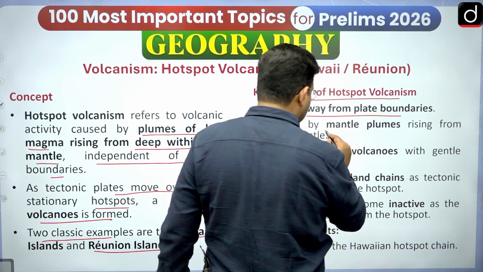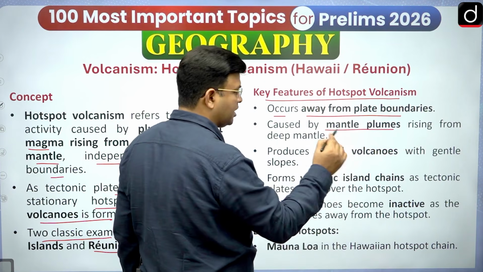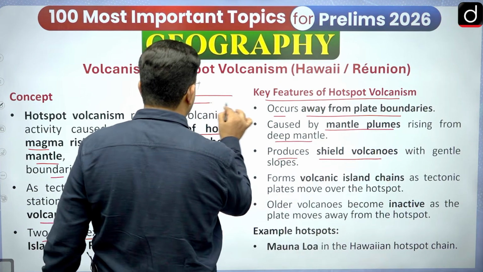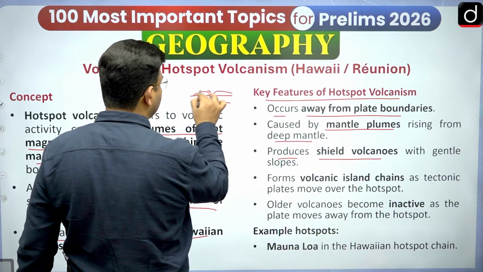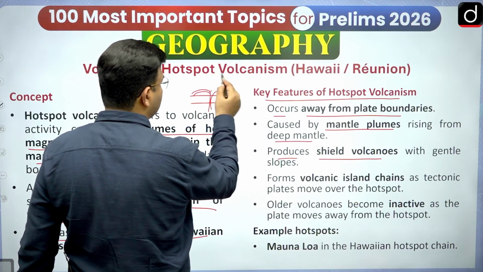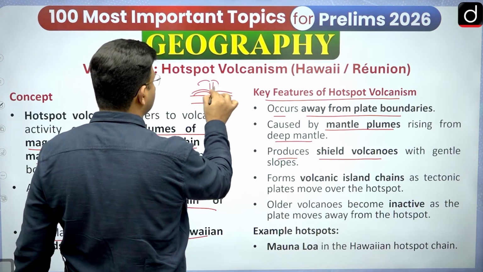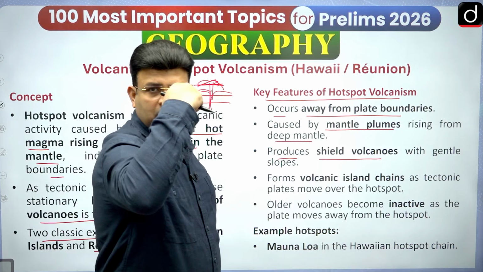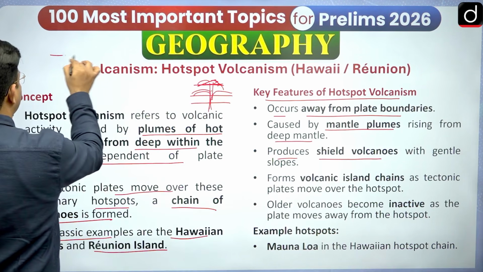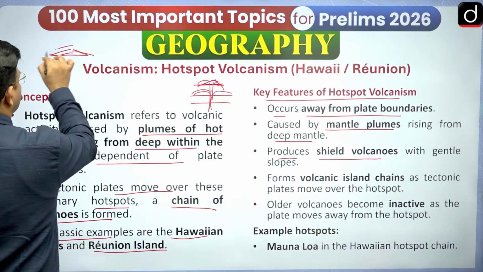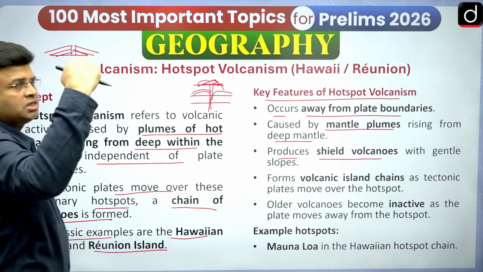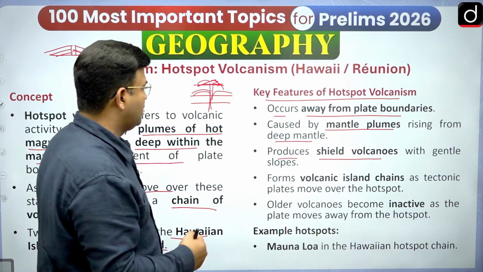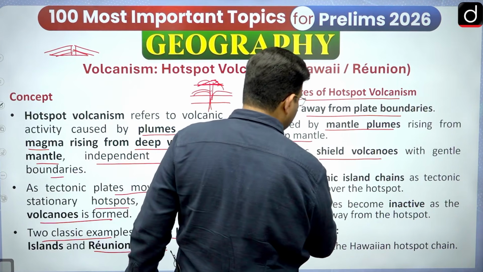It is caused by mantle plumes rising from the deep mantle, and produces shield volcanoes. When magma comes up and forms volcanic islands, it forms in a shield type, like armor shields. The magma keeps spreading because it is liquid-like, so it looks like a shield. Hawaii has several shield volcanoes, and thereafter it forms volcanic island chains.